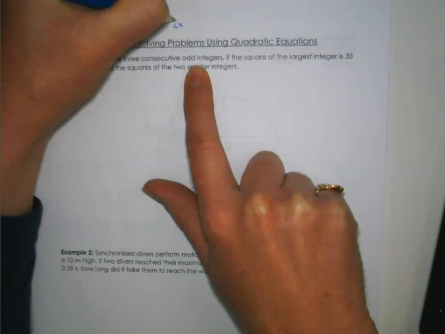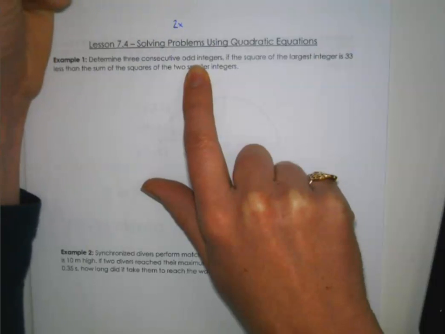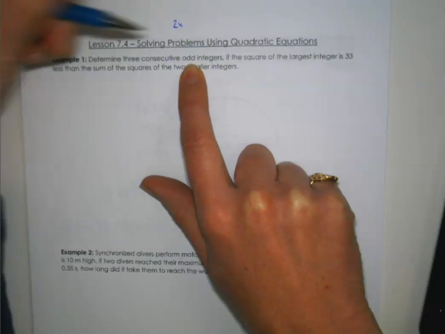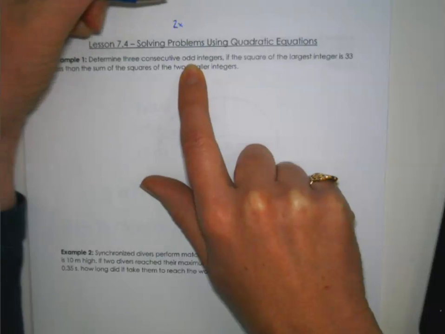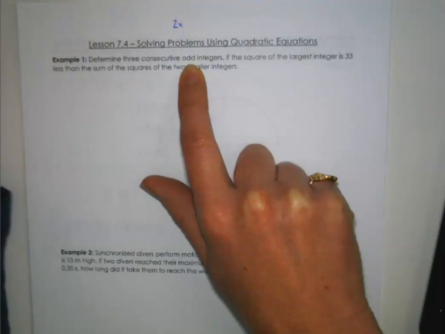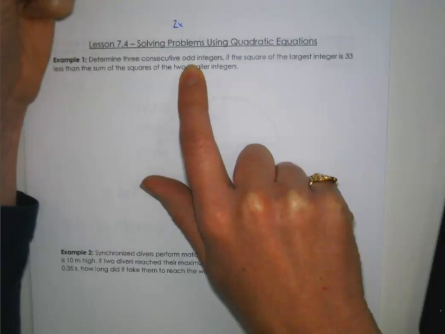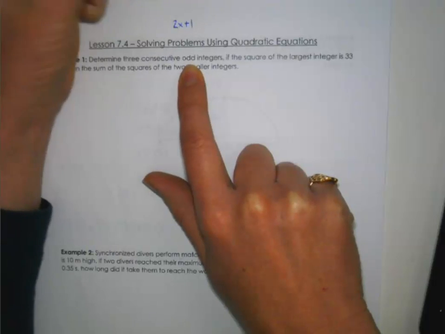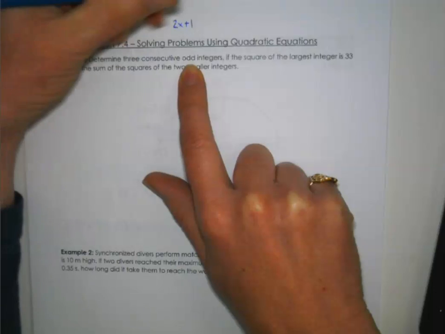As long as you multiply by 2, it's even. Now for an odd one, it can't be divisible by 2. So if we change this even integer by either adding 1 or subtracting 1, we'll have an odd integer. Personally, I chose to add 1, but subtracting 1 would work just as well.